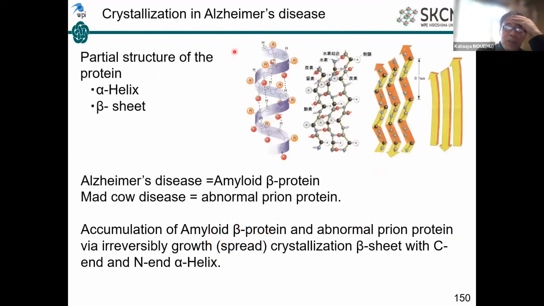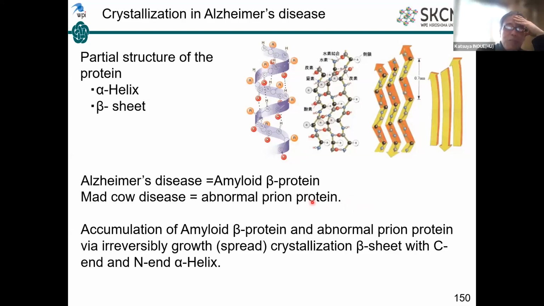This is an age-related disease. One age-related disease is Alzheimer's disease. For Alzheimer's disease and mad cow disease, the origin, or the reason, is the amyloid beta protein or the abnormal prion protein.